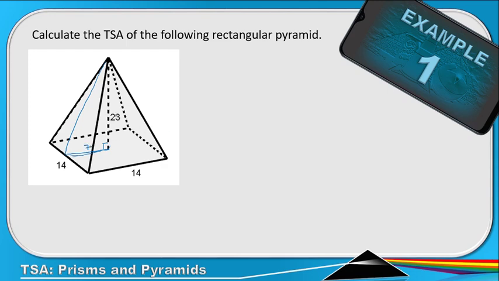Okay, and then it's easy to use Pythagoras to calculate this height over here. So I'm going to say h squared, and since this is the slant height, this is the hypotenuse of our right angle triangle, we add the other two, so that's 23 squared plus 7 squared. Then we take the square root, and we can calculate that.